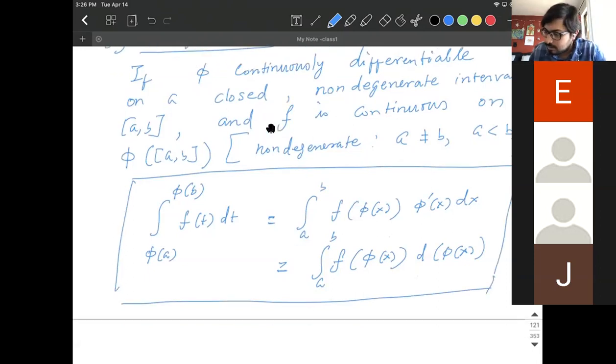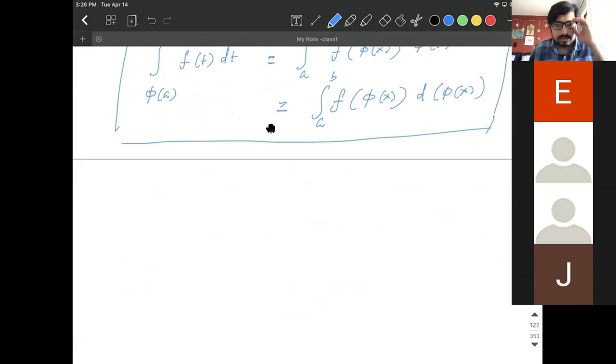Okay, so then there are these remarks which clarify the situation. Let's put them as remarks.